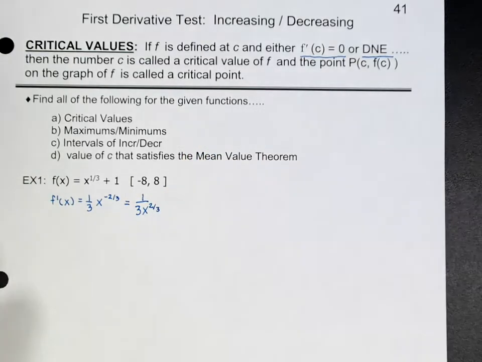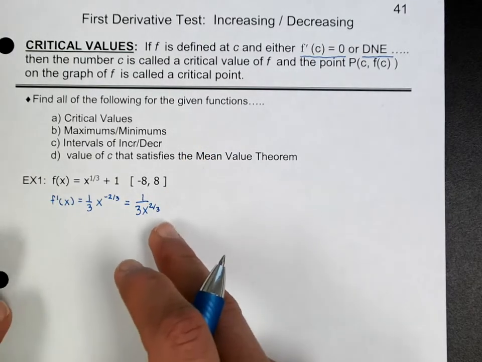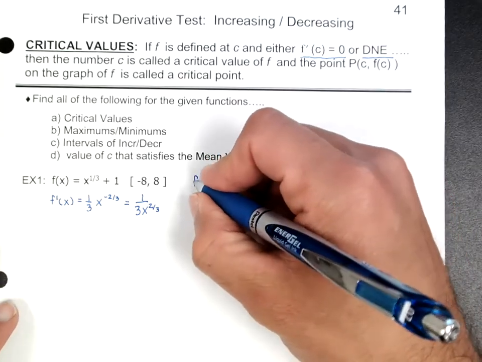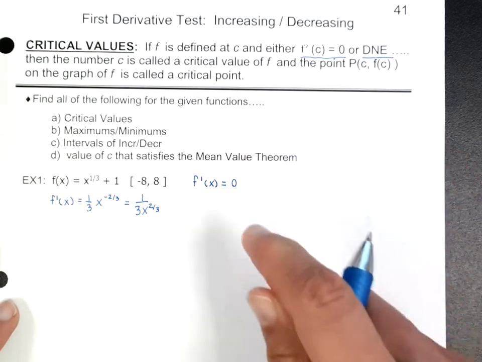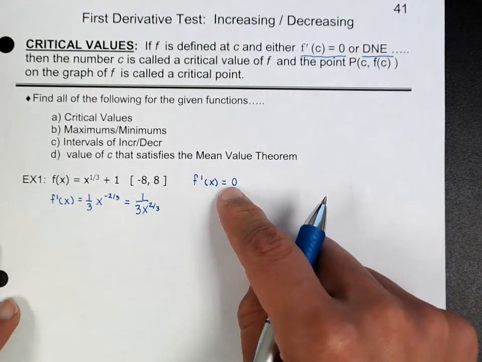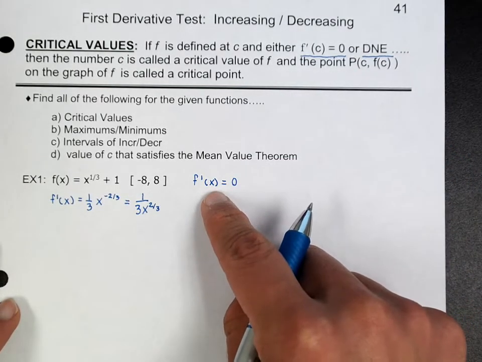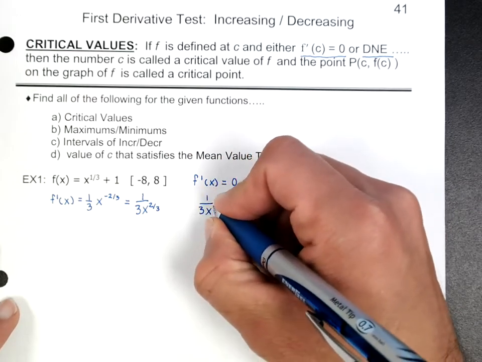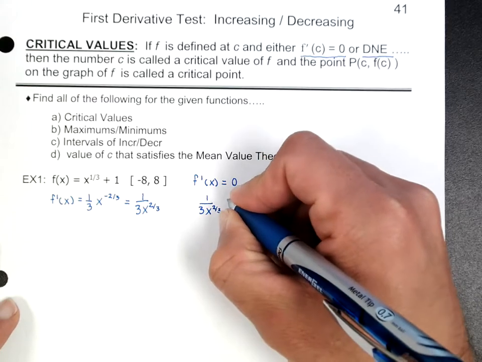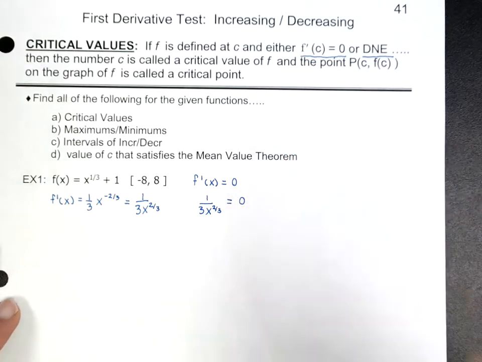At that point, I want to find out where my critical values are located, possibly in two different places. They're located where the derivative is equal to 0, and I want to find that x value. So I'm going to set my derivative equal to 0 and solve.